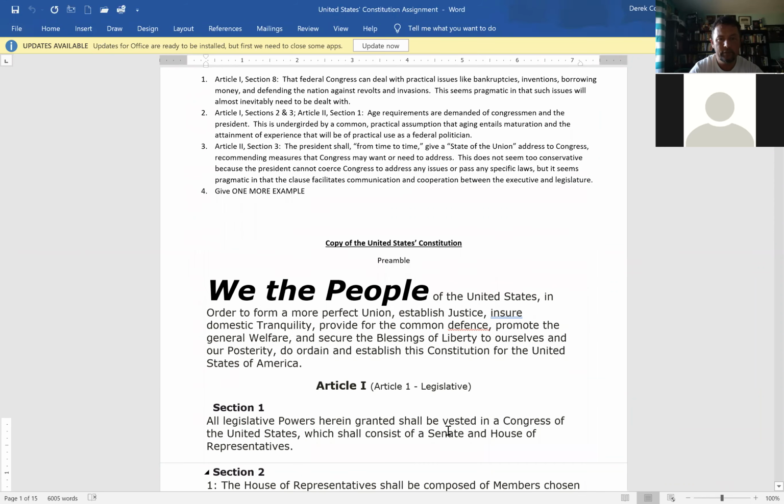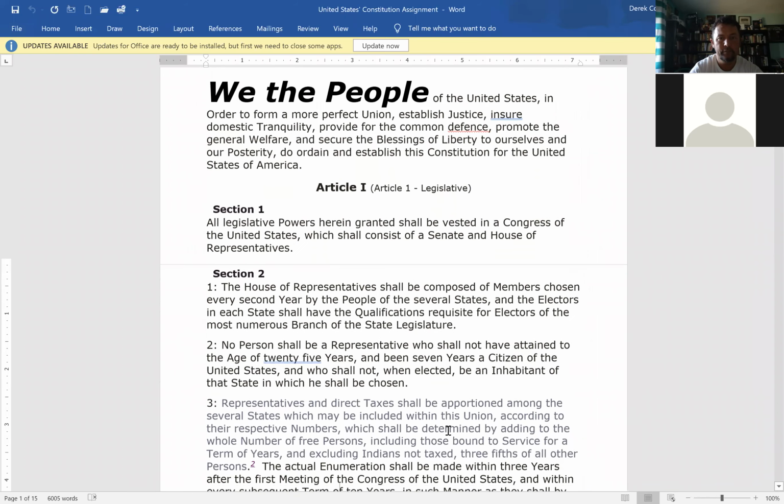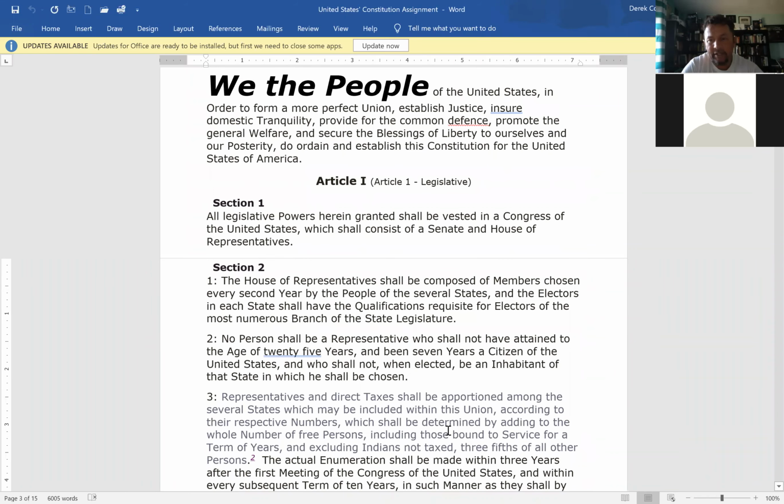Okay, so we just have to read through each article and categorize them. Yes, and note, all you're doing is choosing 4 examples of each. So don't feel like you have to painstakingly apply every section that you read under one of the 3 categories. To me, that's too laborious and too time consuming.